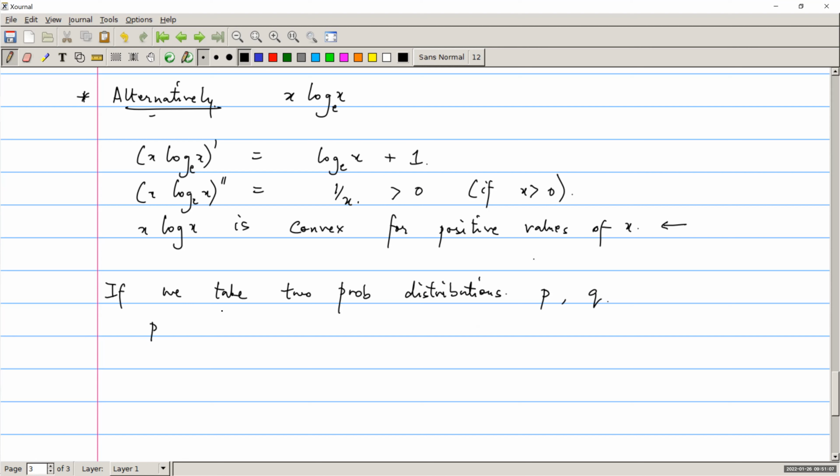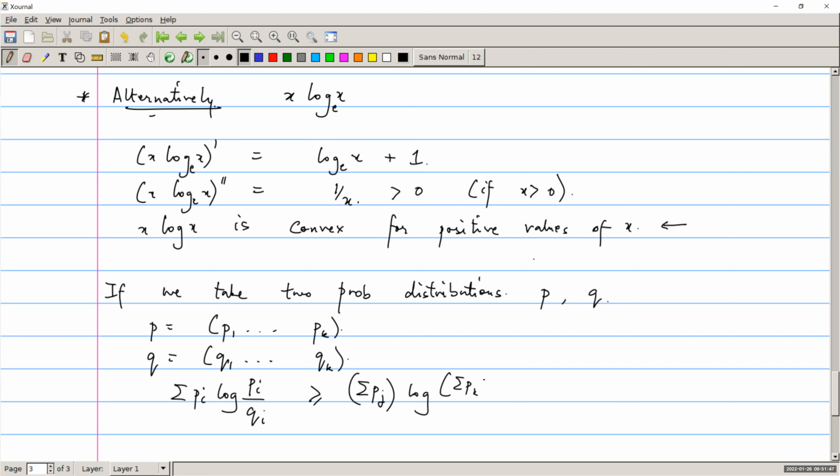Let's say the values of the probability are p1 through pk, so there are k elements in the universe, and the probabilities assigned to them by distribution p are p1 through pk, and distribution q assigns q1 through qk. The log sum inequality now means that the summation of pi log pi over qi is greater than or equal to the summation of pi times the log of the summation of pi over the summation of qi.